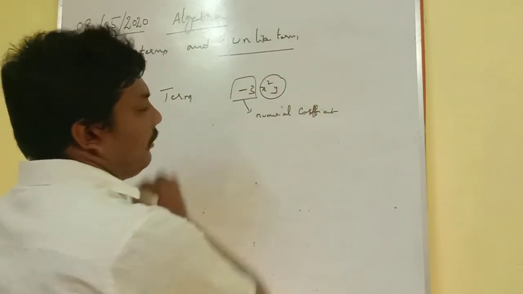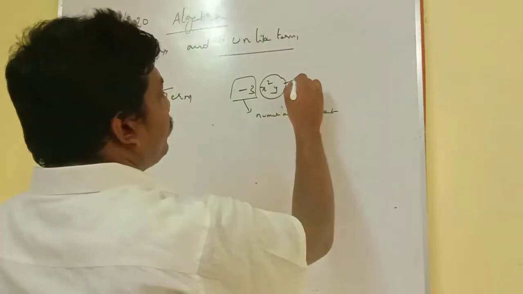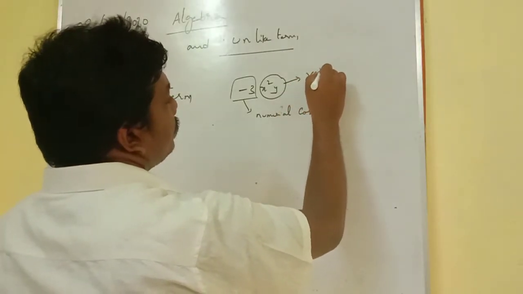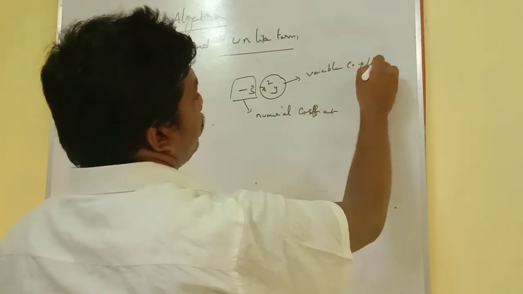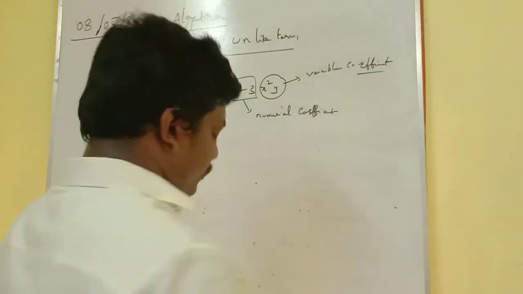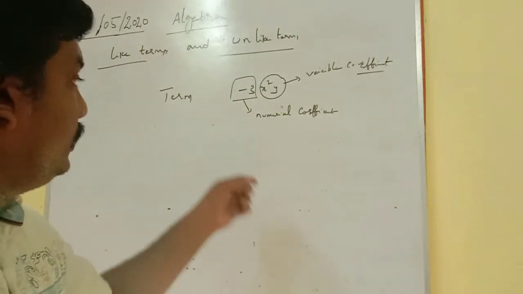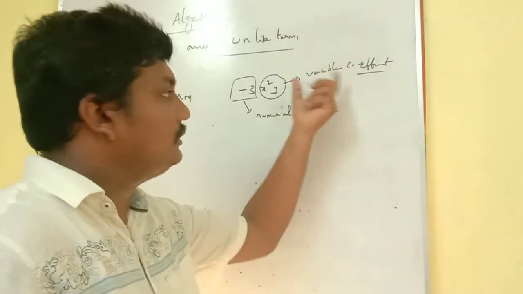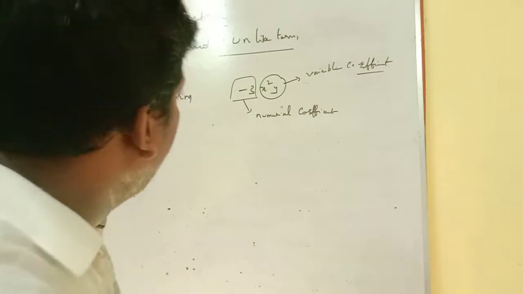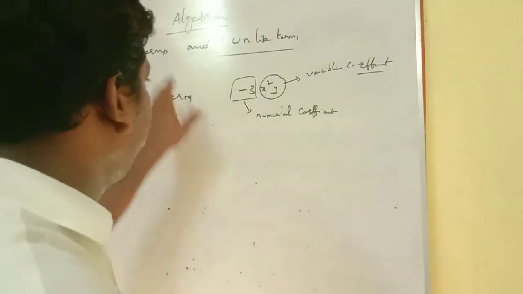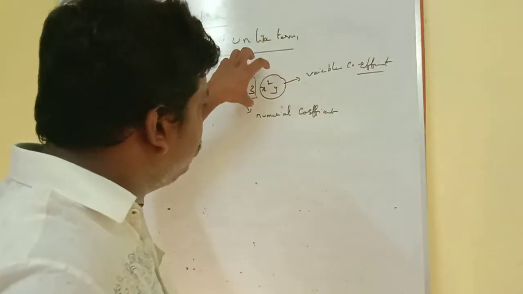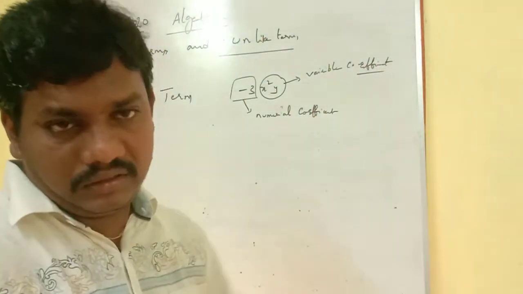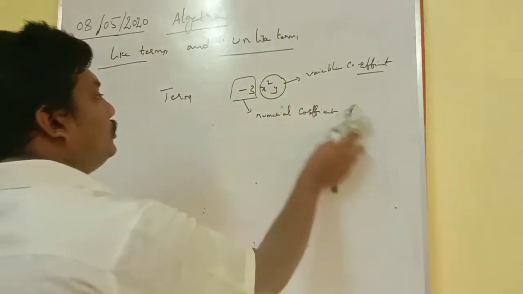So x square y is known as the variable coefficient. So this is called the numerical coefficient and this is called the variable coefficient. So now you can understand like terms is nothing but algebraic terms having the same variables.